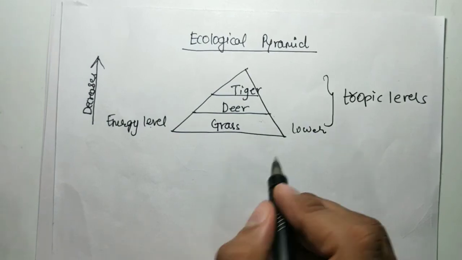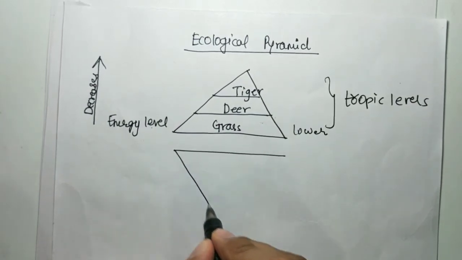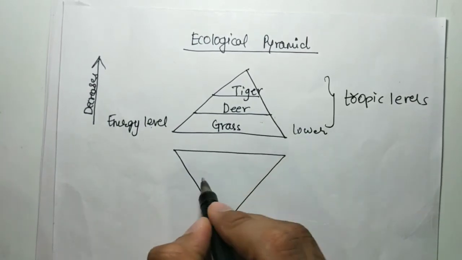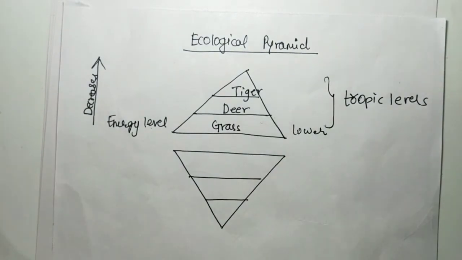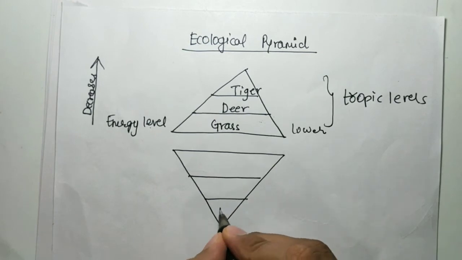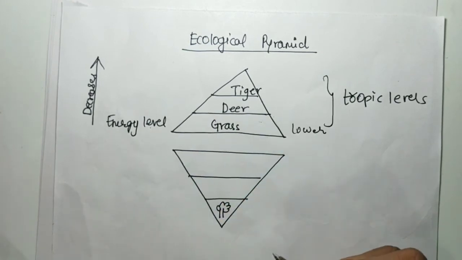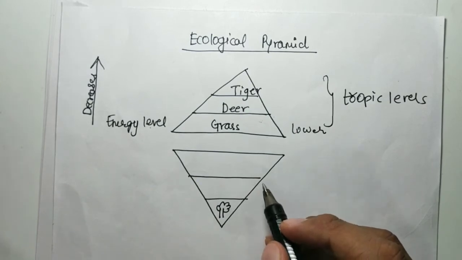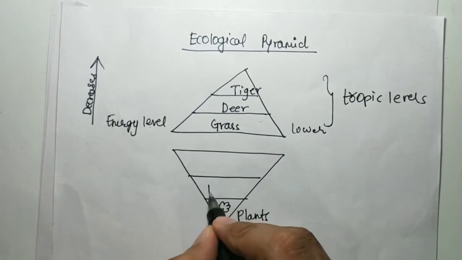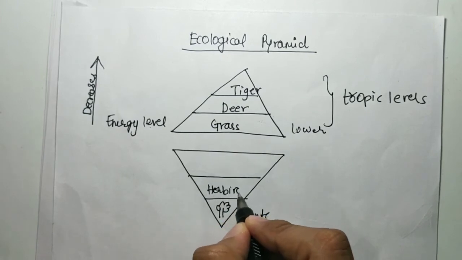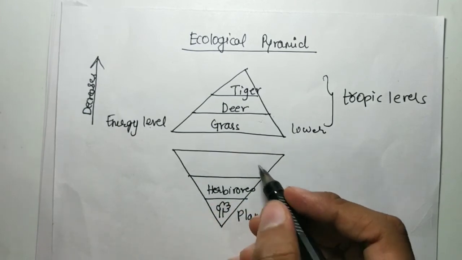We can also see this pyramid in inverted form. Sometimes there are inverted pyramids also. An inverted pyramid means one producer supports a lot of other organisms. For example, plants are eaten by herbivores.